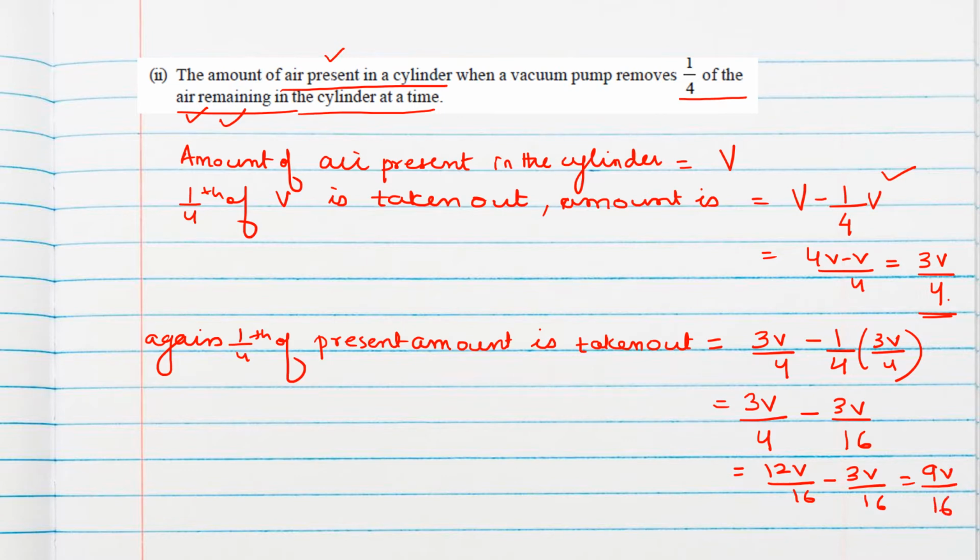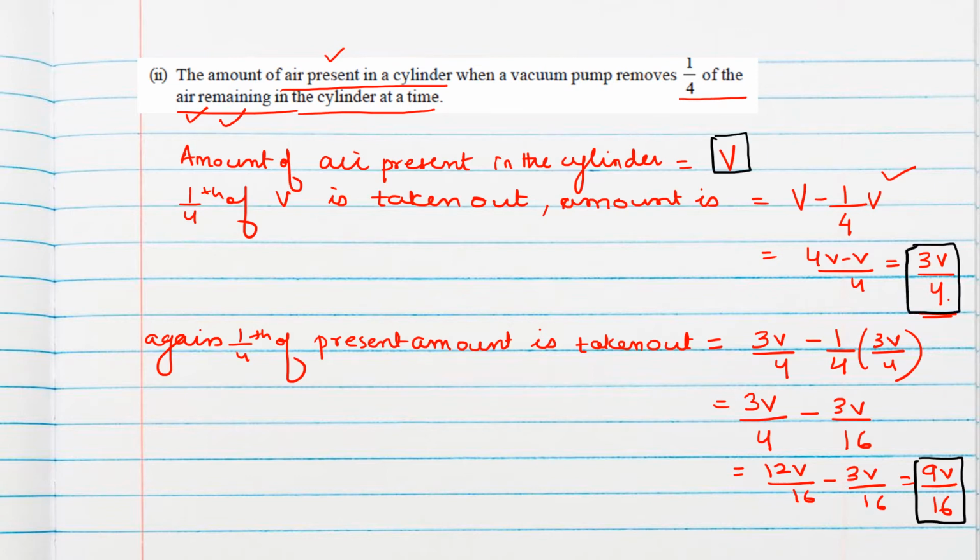Okay, now for the next step, this is present now. So from this present again we should take 1 by 4th of the present. Okay, so what we can write here, these are the numbers involved.